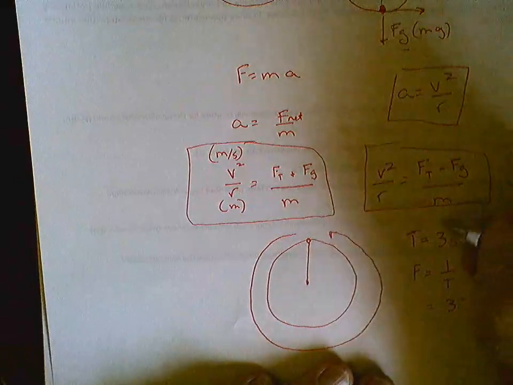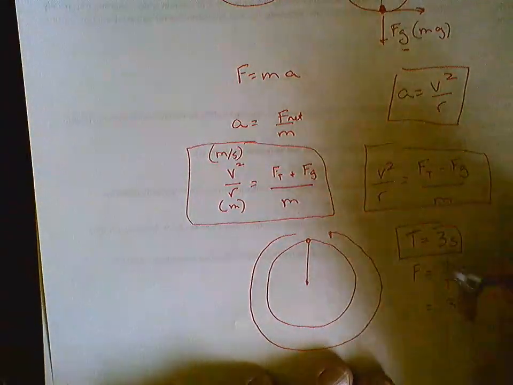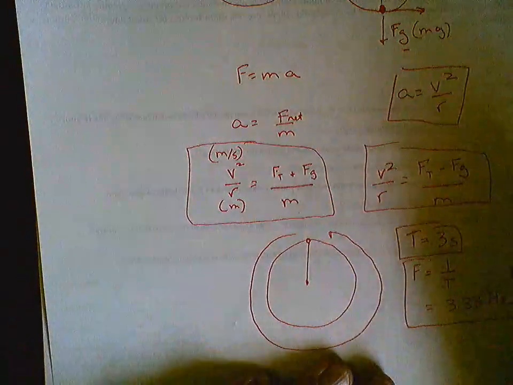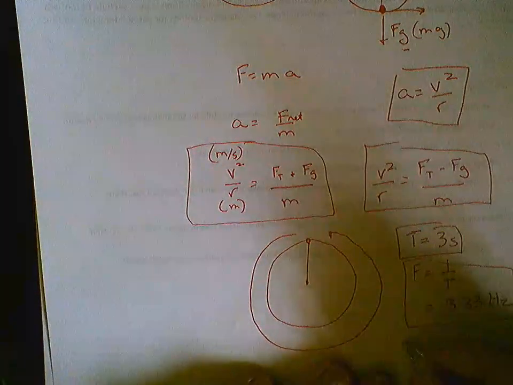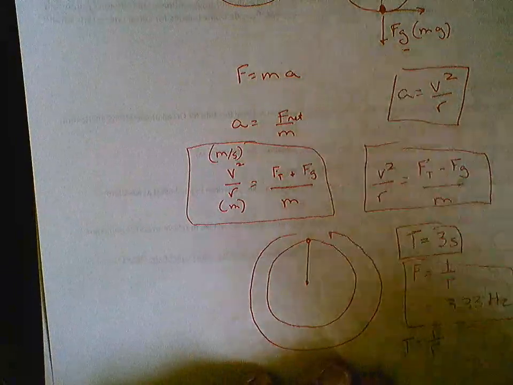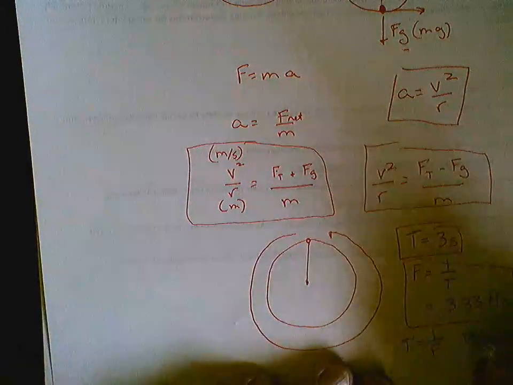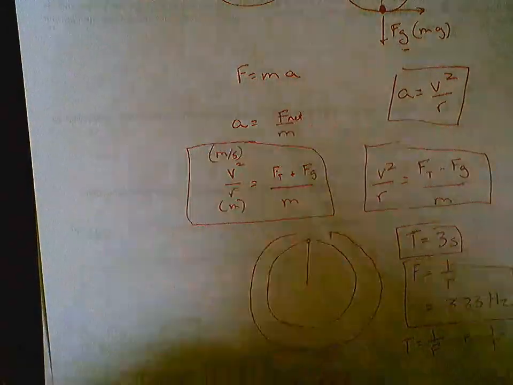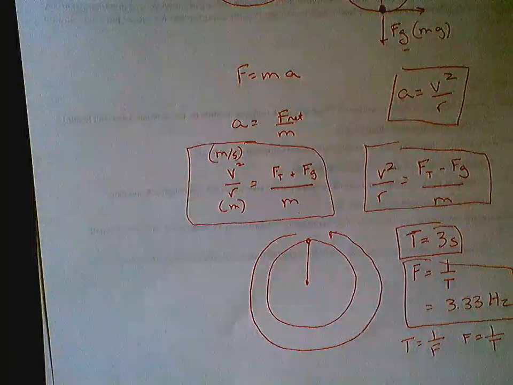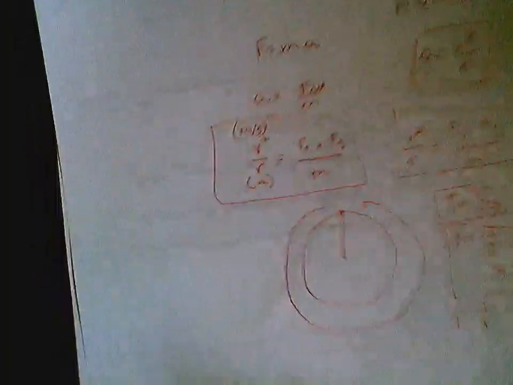So the unit for period is second. The unit for frequency is hertz. Period equals 1 over frequency if they give you the frequency. And frequency equals 1 over period if they give you the period. Okay, so these are different calculations that they ask you to do.